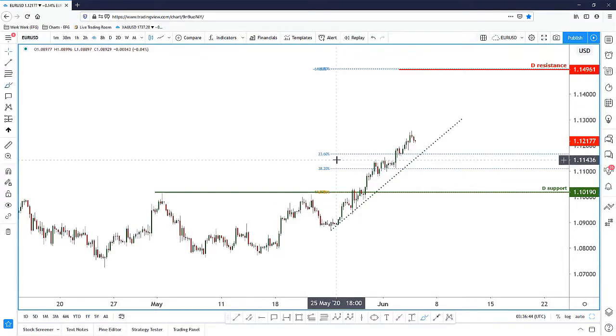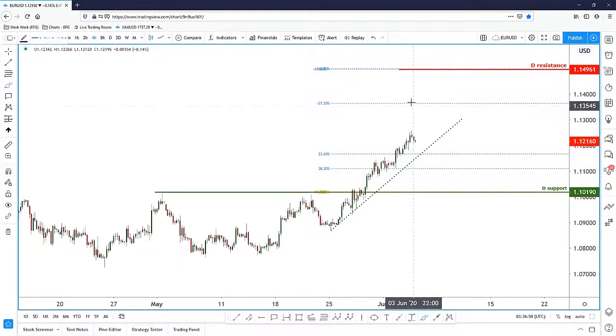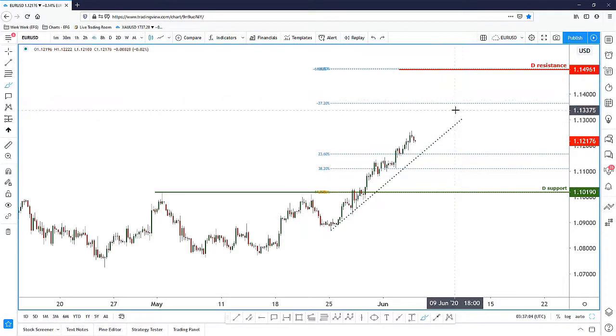Another thing to note is that if there's a negative 27.2, this could serve as an intermediate or partial take profit level. So price can push down to the 23.6 and then bounce up to the 27.2. And then it can possibly break above and go all the way to the daily resistance.